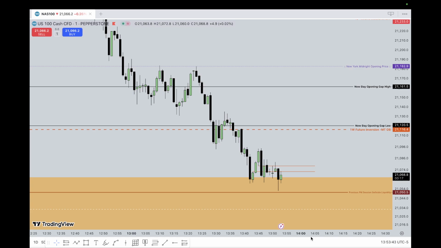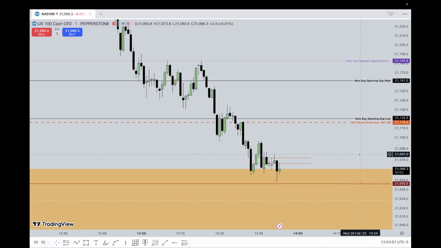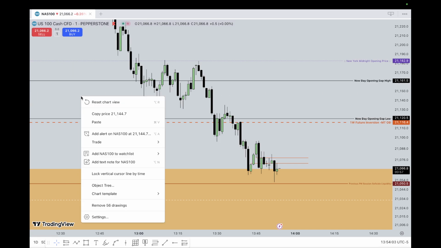I do not like the idea of shorting in such a deep discount, but with this current narrative in place, I would do it if I'm correct, but it is a very risky approach and I do not like to do this, but I will do it for the sake of presentation.